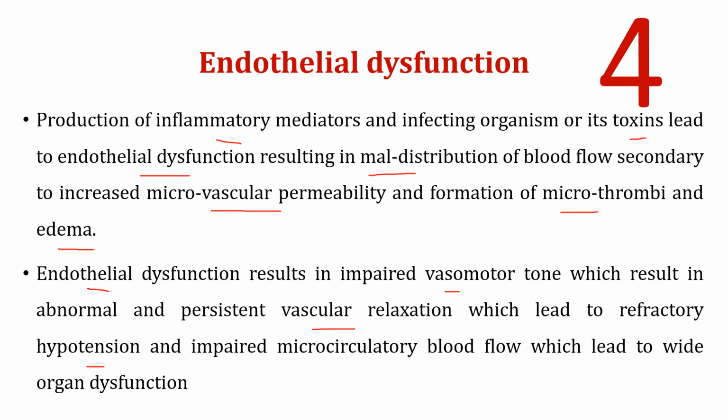Adding to this problem, the endothelial dysfunction will result in impairment of the vasomotor tone, as we mentioned before in the systemic inflammatory response syndrome lecture, resulting in vascular relaxation and finally hypotension. Hypotension with impairment of circulatory blood flow finally results in organ dysfunction.